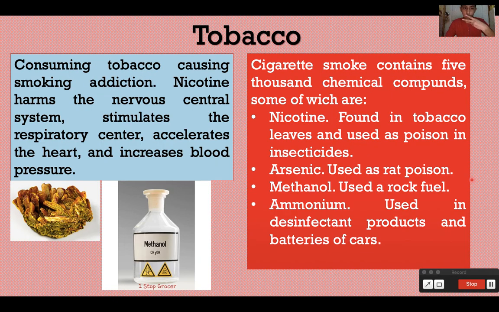Now, tobacco. What is tobacco? Consuming tobacco causes smoking addiction. Smoking is fumar. Nicotine harms the central nervous system, stimulates the respiratory center, accelerates the heart, and increases blood pressure.